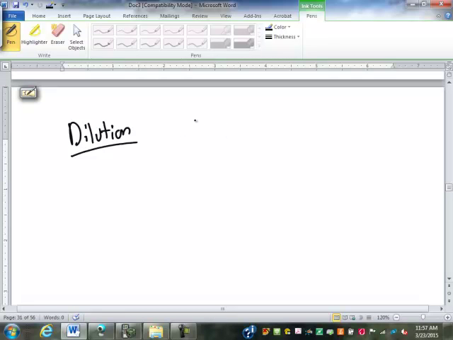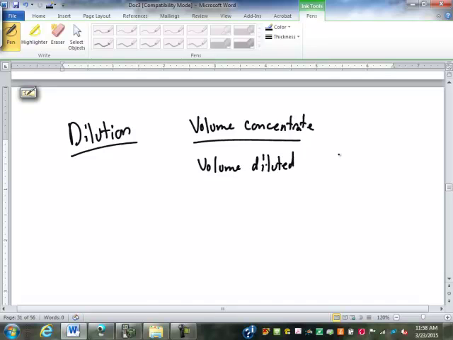It can be described as the volume of the concentrated percent to the diluted volume, but it can also be described as the lower percent, the diluted percent, over the concentrated percent. Those two ratios are going to be equal.